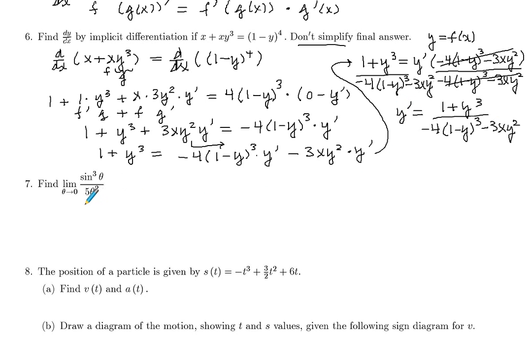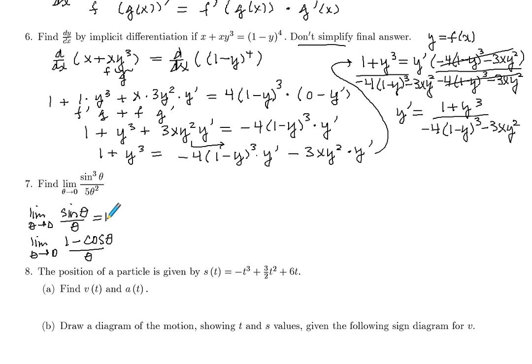Okay, next up we've got a trig limit here. Remember our two trig limits were the limit as theta goes to 0 of sine theta over theta, and then we also had the limit as theta goes to 0, 0, not 1, of 1 minus cosine theta over theta.